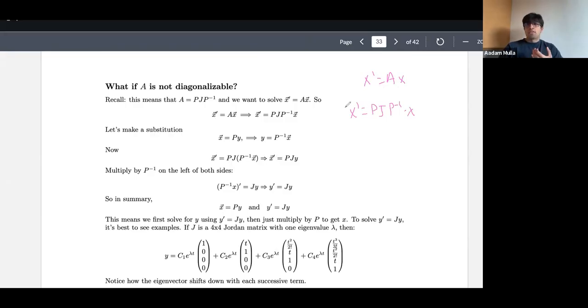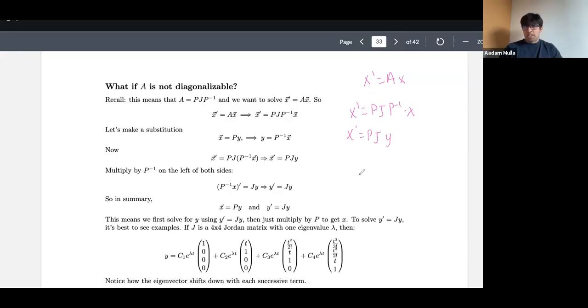Okay. Now, for simplicity, let's make this substitution. Let's allow x to be equal to P times y. You'll see why. If x equals P times y, then y equals P inverse times x, just by multiplying by P inverse on the left. Then we get that x prime equals PJ, and P inverse times x is just y.